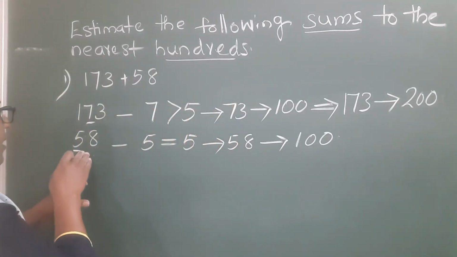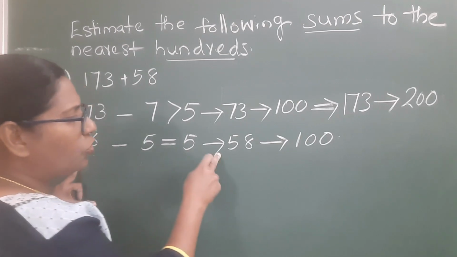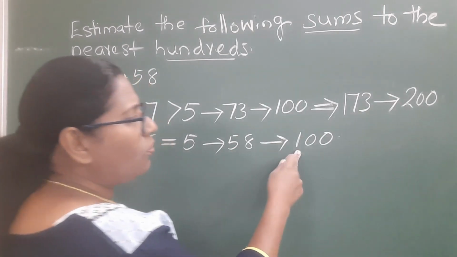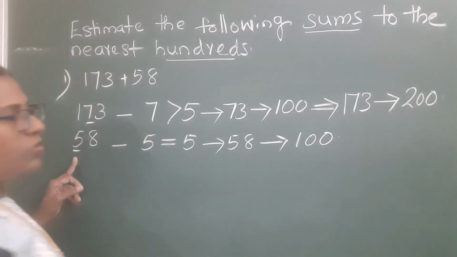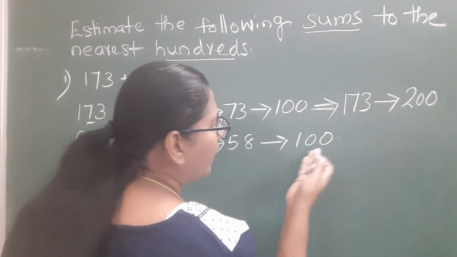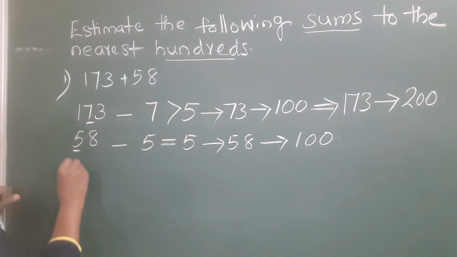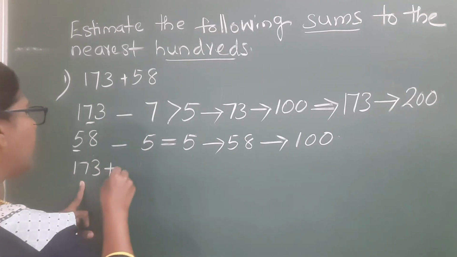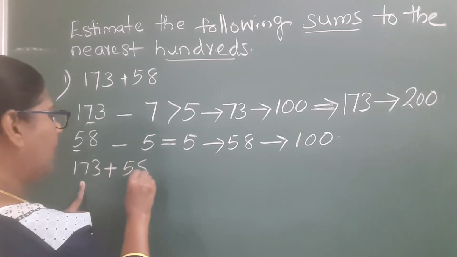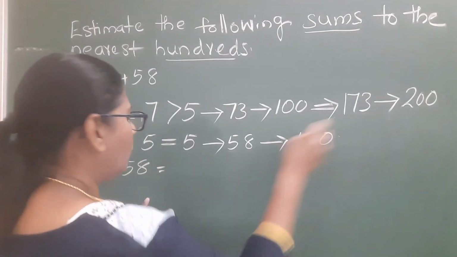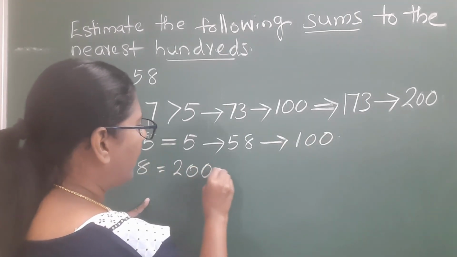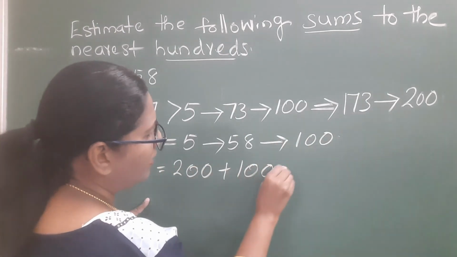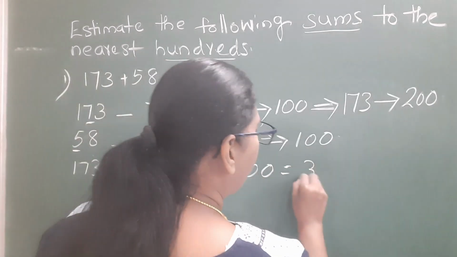Then the second one is 58. In 58, 5 is equal to 5. So 58 rounds off to 100. So now what we got here? 200 and 100. Now we have to do the addition and find out the sum. 173 plus 58 is equal to 200 plus 100 is equal to 300.